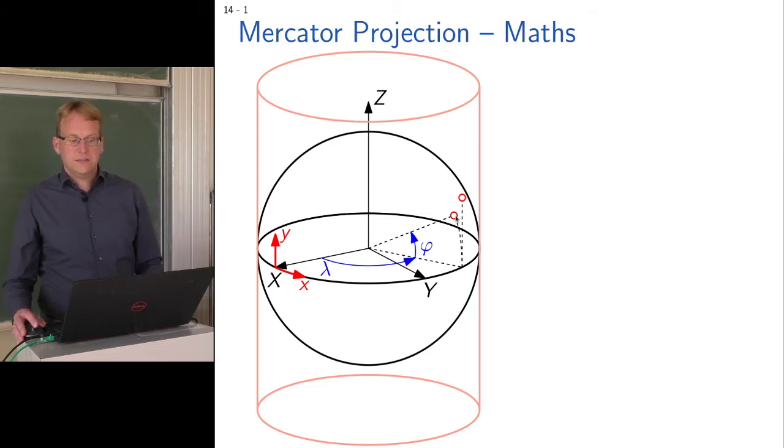Then we said, well, with every cylindrical projection, we would have somewhere on this vertical line our projected point, our point corresponding to this one. So this point here has to be somewhere on this vertical line.